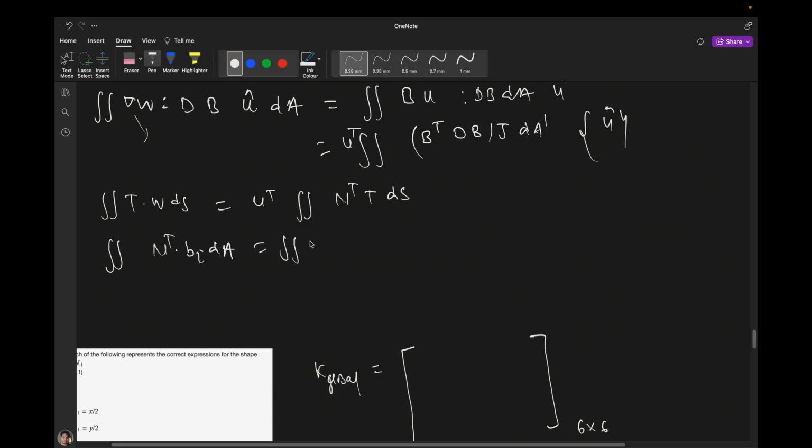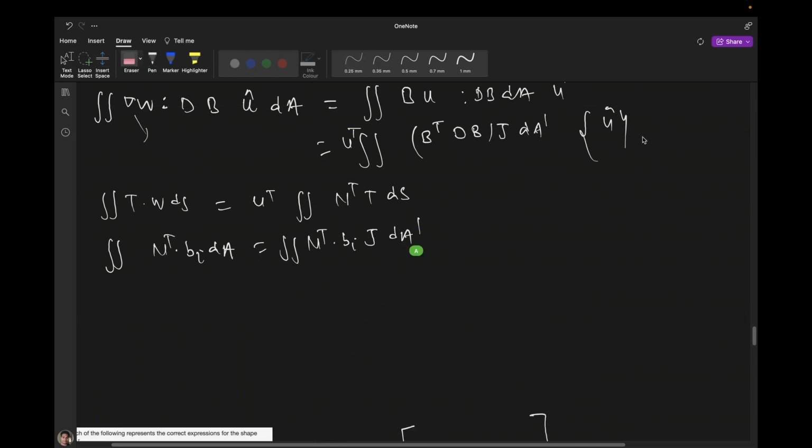So here also N transpose dot bi, and for A the Jacobian will come and it will become dA dash. So in this way we can implement this for this particular problem.